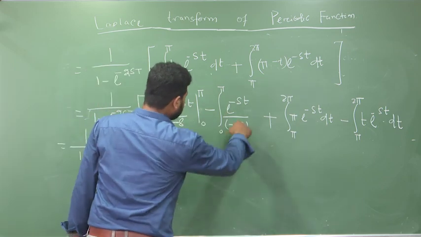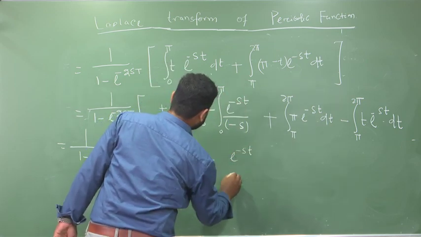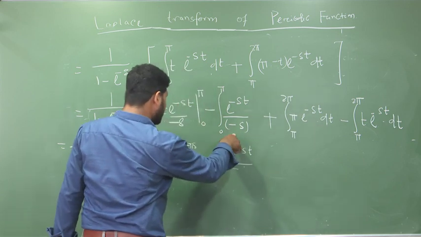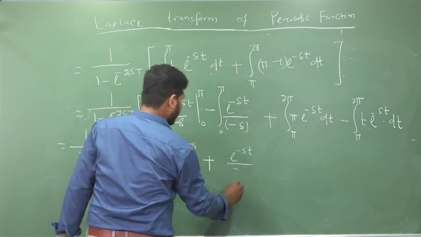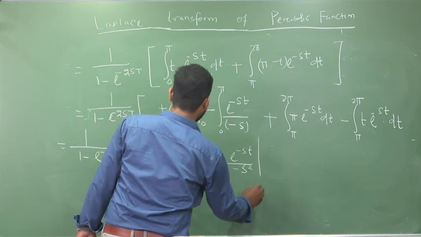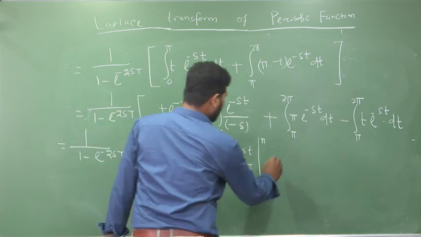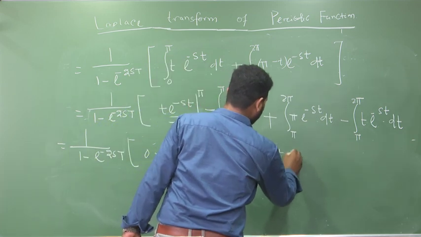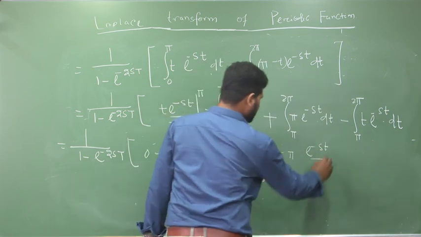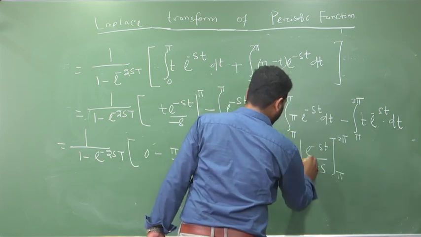Again, this is a simple integration: e power minus st divided by s squared, evaluated between 0 to pi. Plus this pi is here, e power minus st divided by minus s, evaluated between pi to 2 pi.